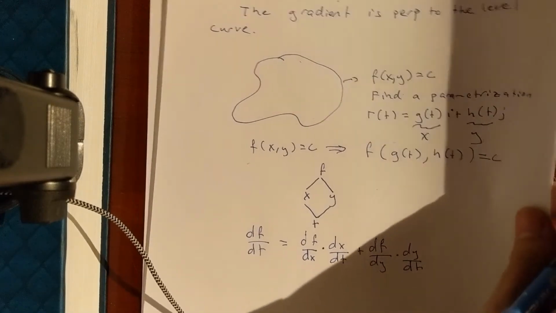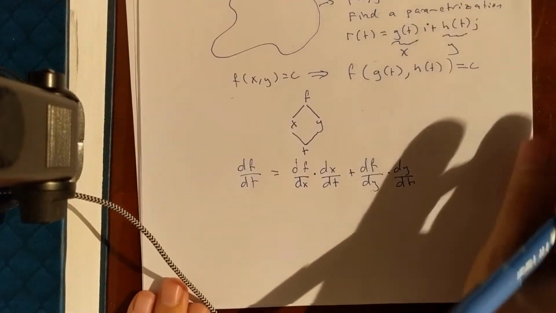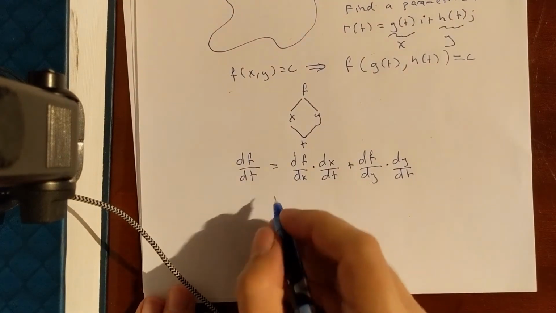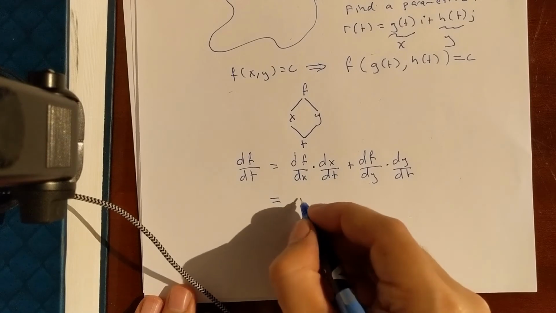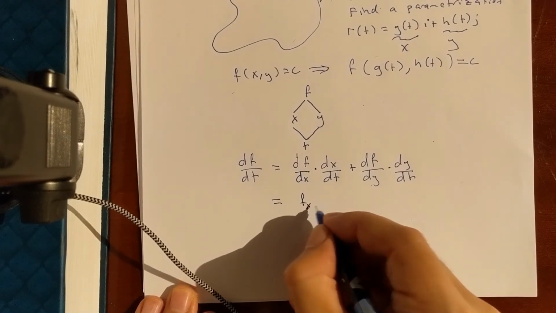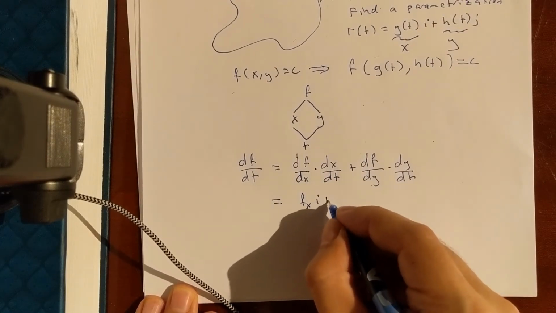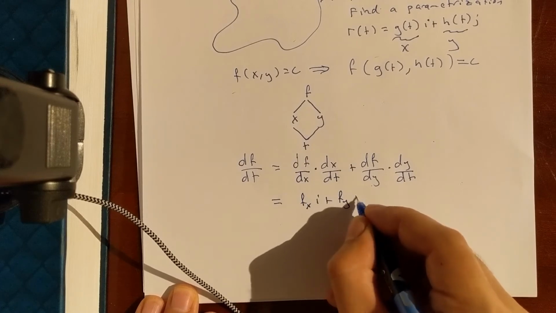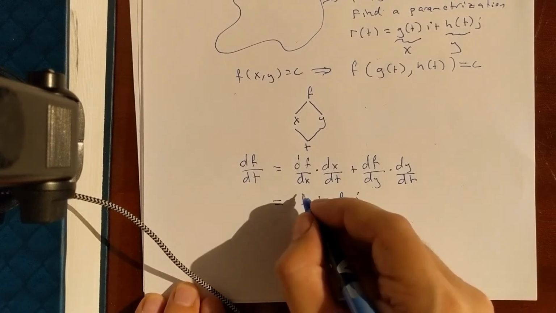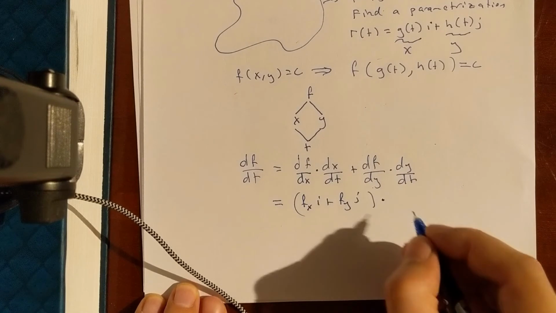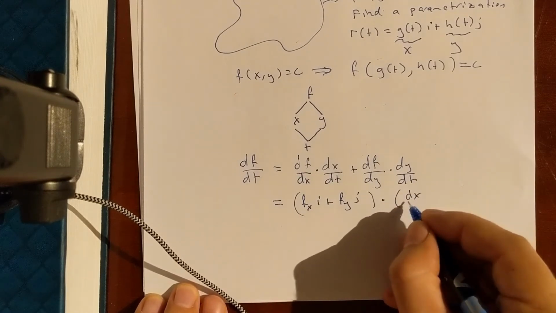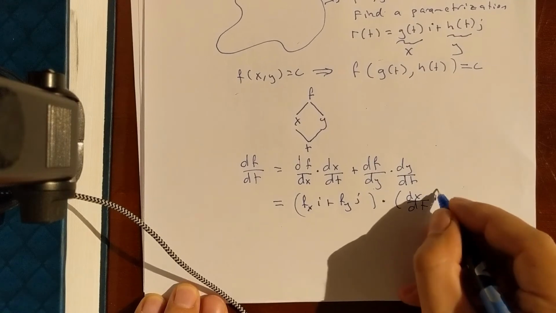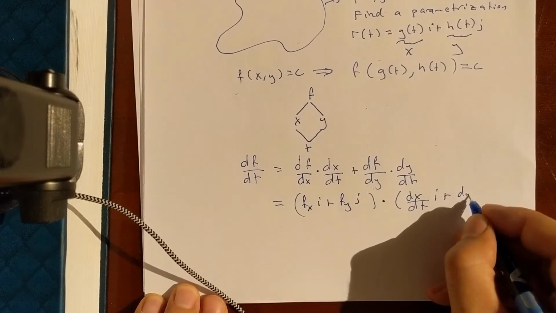Now let's clean this up. If we were trying to write this as the dot product of two vectors, this is just f sub x i plus f sub y j, dot product with dx dt i plus dy dt j.